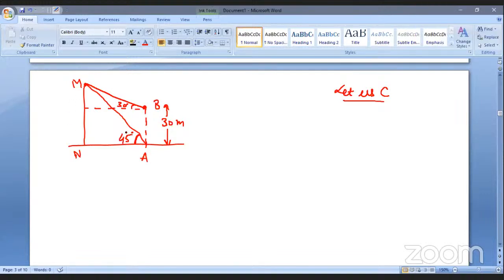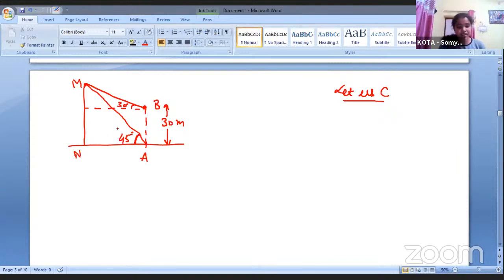Yes, ma'am. Now, it is very visible that here we have two right angle triangles, because it has to be a right angle, and similarly by corresponding angle it also has to be 90 degrees only. So here let me name it P, you can name it anything. Now let us understand what we have to find.